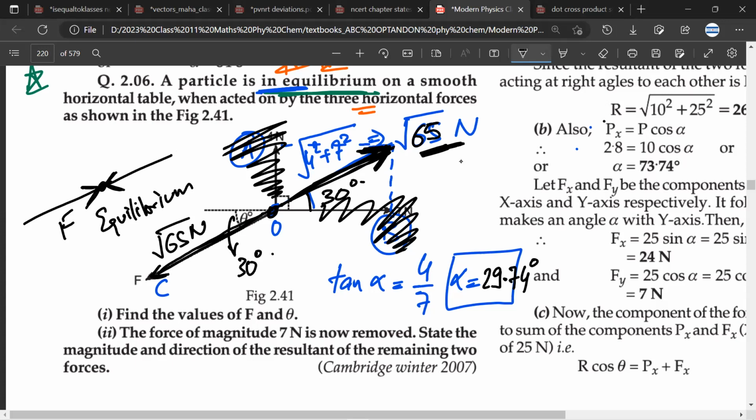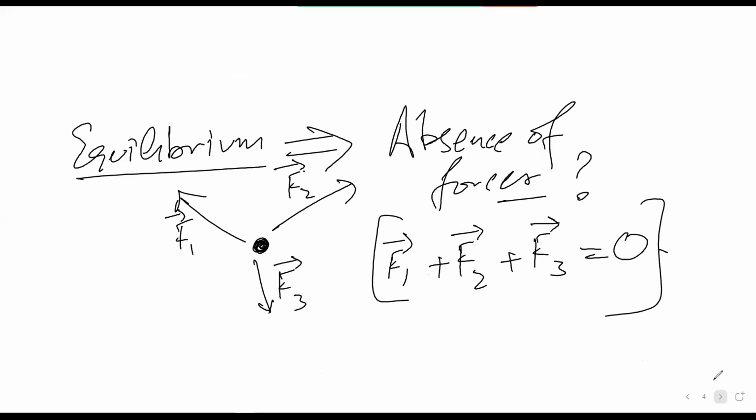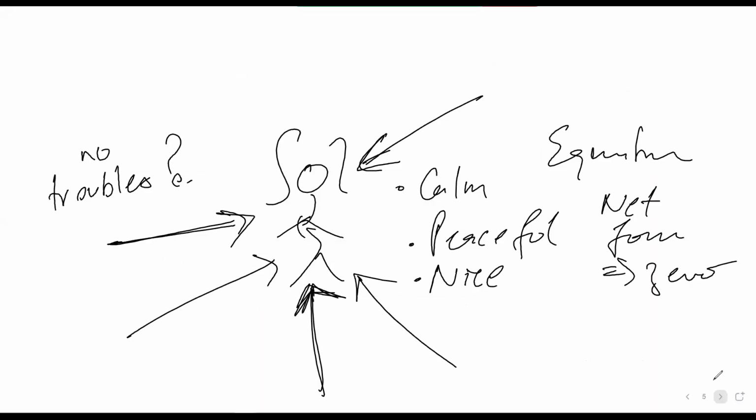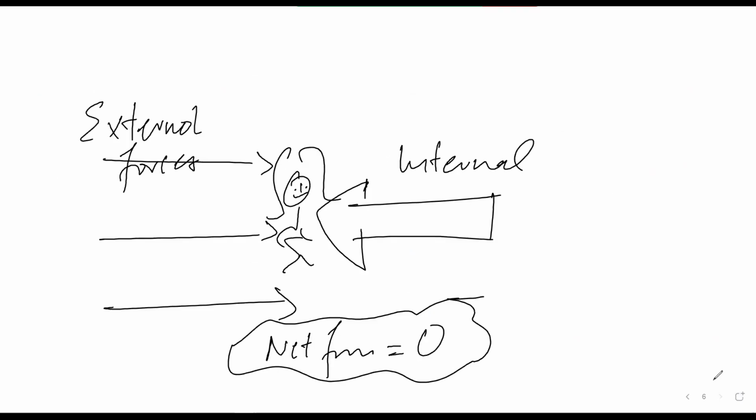मिस अवंतिका, आर वी क्लियर? Yes. So basically what I'm trying to tell you guys is that there are two concepts that you need to understand. इसी की हमने 2 क्वेश्चंस किए. एक हमने ये क्वेश्चन किया कि यार ये एक फोर्स है, ये दूसरा फोर्स है, ये तीसरा फोर्स है.